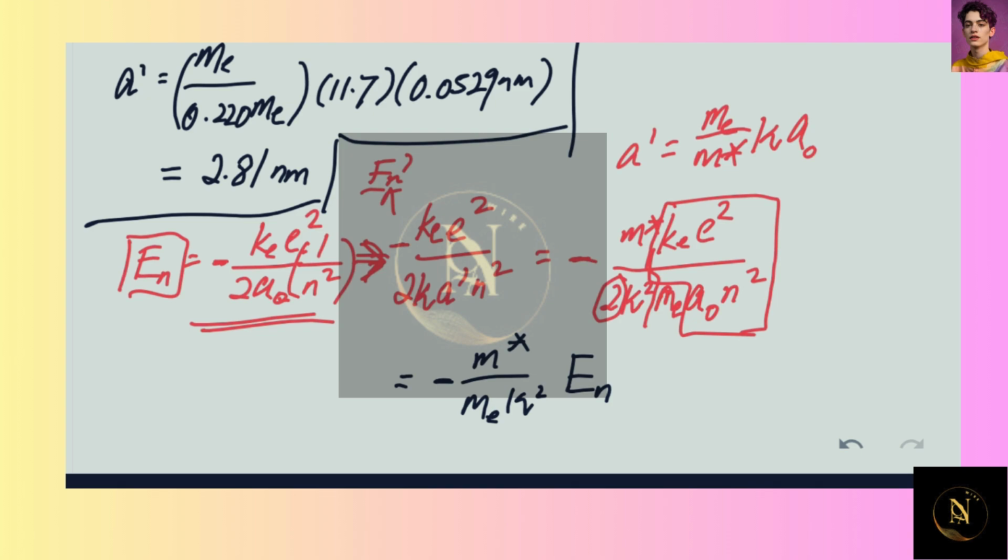And now to substitute in numerical values for the ground state electron, that is n equals 1. We know that the E1 ground state energy for hydrogen is 13.6 eV.